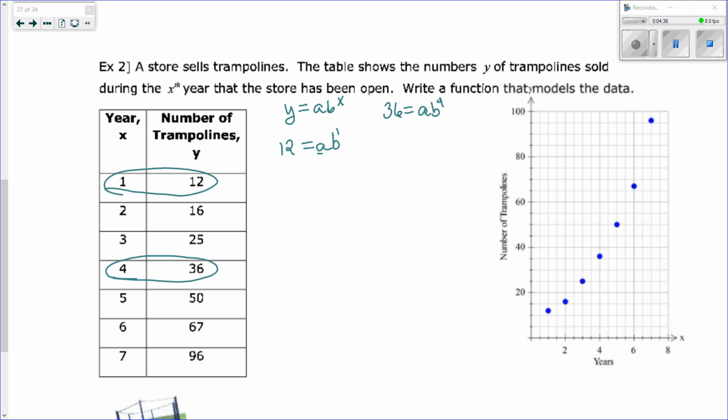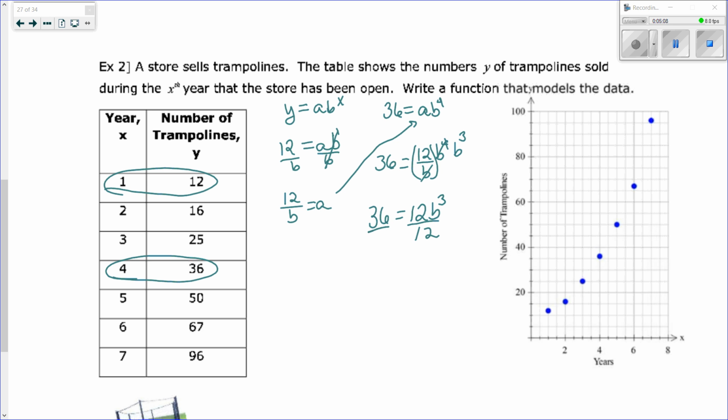So solve for a, just divide by b. So 12 over b is equal to a. Make that substitution over here. So 36 is equal to 12 over b times b to the fourth. This b cancels with this, and this becomes b cubed. So it's 36 equals 12 b cubed.